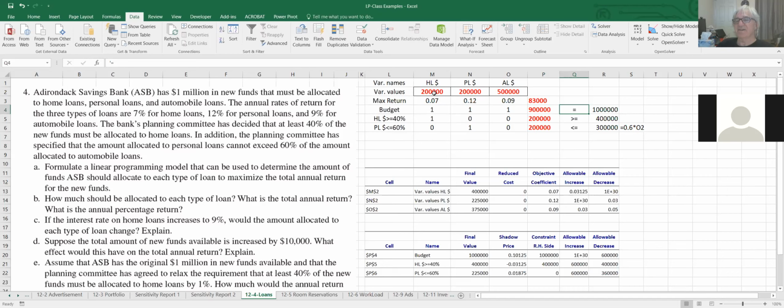So this is not a feasible solution. I just plug in numbers so that you see what SUMPRODUCT is doing. And the rest of the constraints are also calculated in here. And now we have to find the optimal portfolio. But that's what you need to do to make a preparation for Solver.